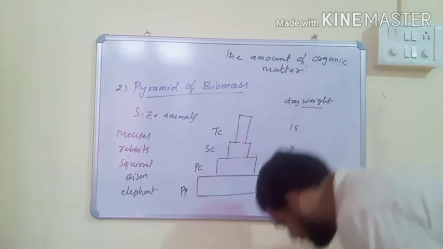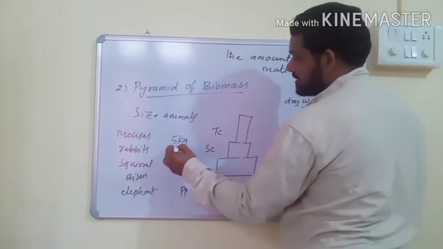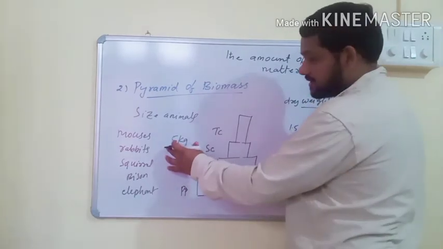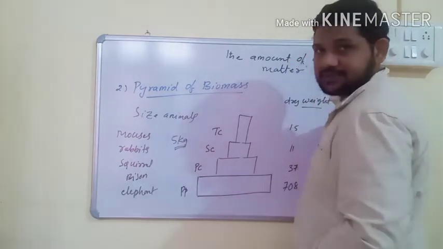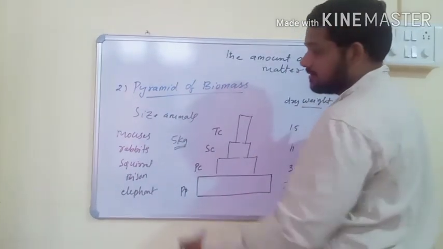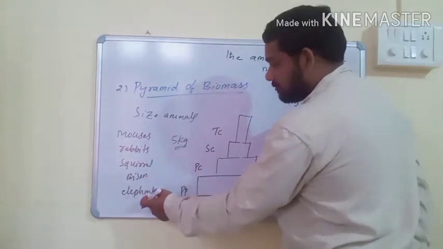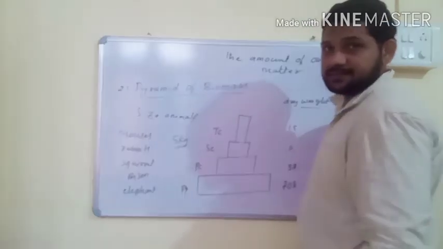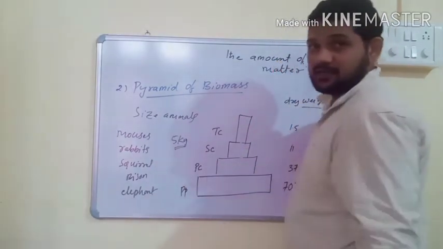If you take for example 5 kg of grass, the same amount of vegetation supports a large number of mice, comparatively fewer rabbits, very few squirrels, very few bison, and very few elephants. However, the amount of biomass is equal in all animals.